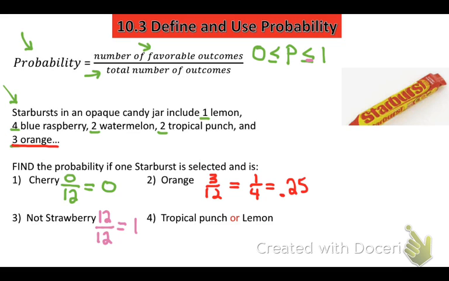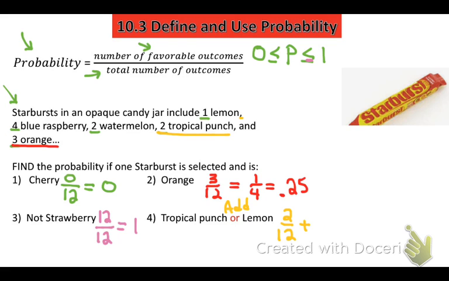Our last one says we're going to pick tropical punch or lemon. Or means add. All right, so we have tropical punch. We had 2 of those, so 2 over 12. And remember, we're adding.